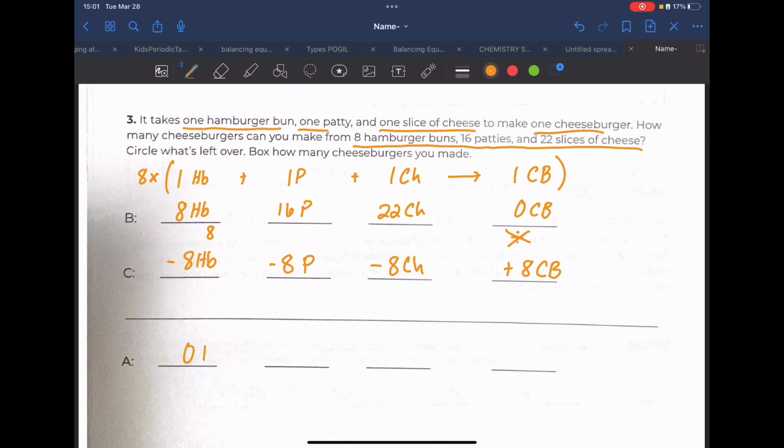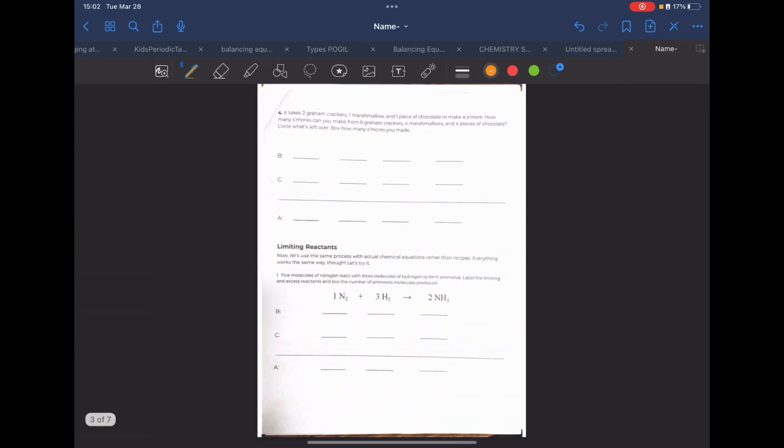Then I do my subtraction here to figure out what I have left. And my leftover ingredients are 14 slices of cheese and 8 patties. I also have made 8 cheeseburgers. And there we go.